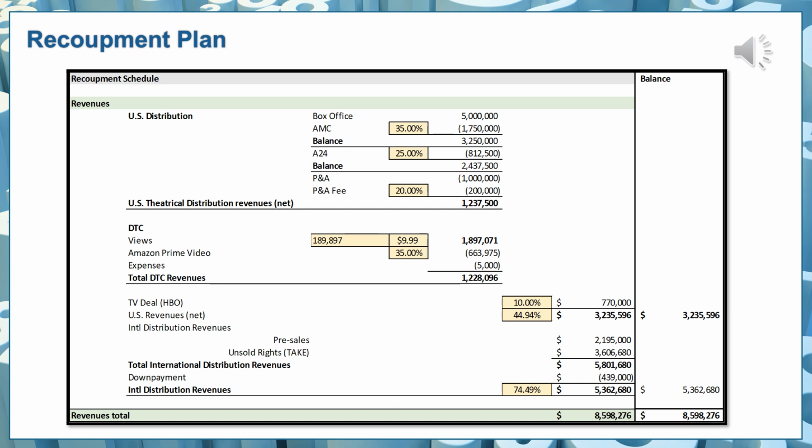Of that, we have received a down payment of 439,000 already, leaving us with 5,362,680 in revenues from international distribution. The revenue total, combining international and US distribution exploitation, comes to 8,598,276.